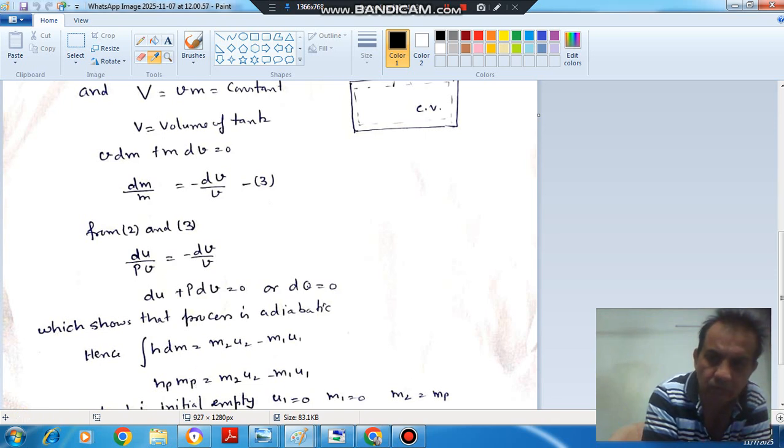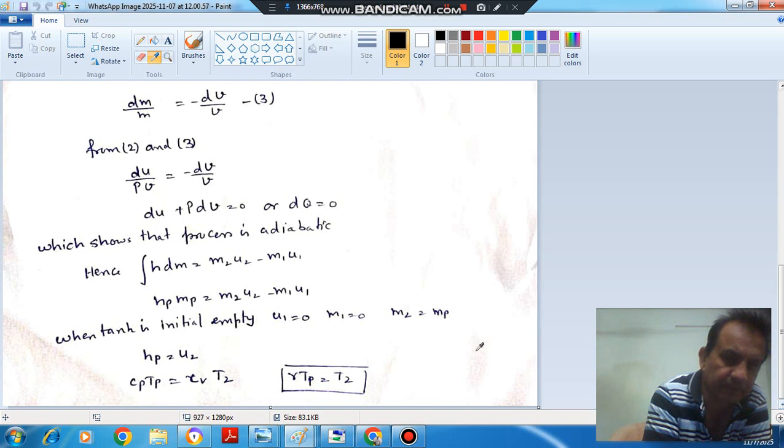Okay. So now when the tank is initially empty, then u1 is 0, m1 is 0. It means hp is equal to u2, where hp is cp Tp and u2 is cv T2. So cp by cv is your gamma, so T2 is gamma times Tp.